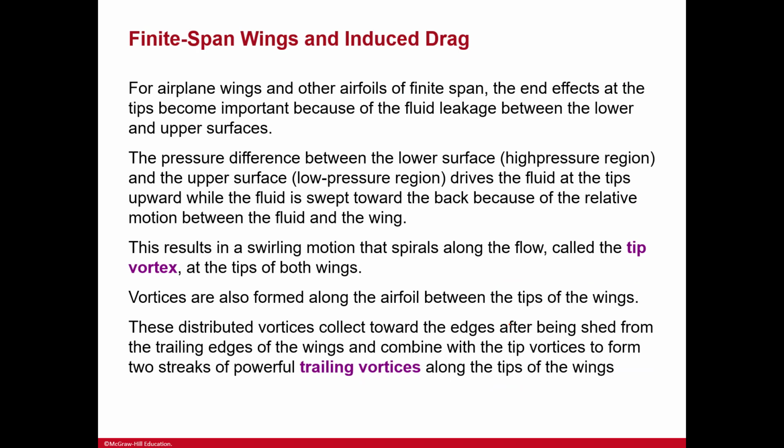So, finite-span wings and induced drag. For airplane wings and other airfoils of finite span, the end effects at the tips become important because of fluid leakage between the lower and upper surfaces. Okay? The pressure difference between the lower surface, a high pressure region, and the upper surface, a low pressure region, drives the fluid at the tips upward while the fluid is swept back because of the relative motion between the fluid and the wing cutting through.